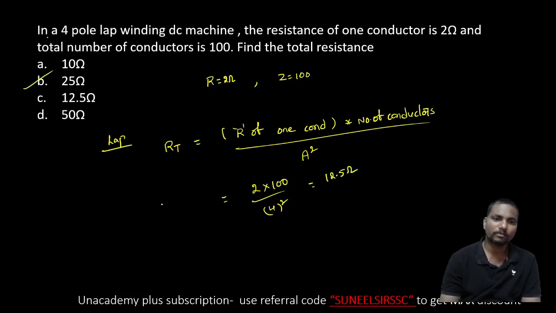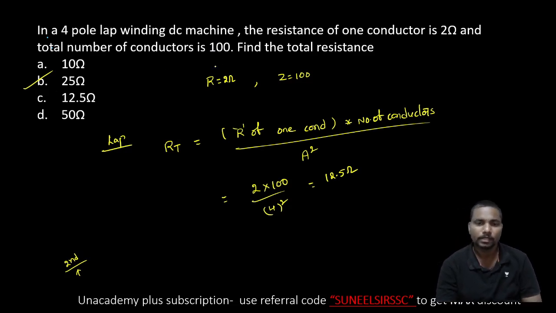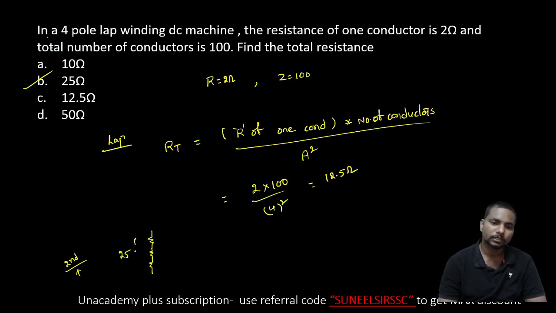So this is one method. Coming to the second method: a 4-pole lap winding has 4 parallel paths. With 100 total conductors, each parallel path has 25 conductors, each one 2 ohms.